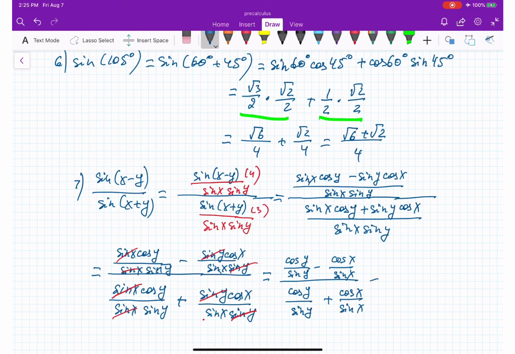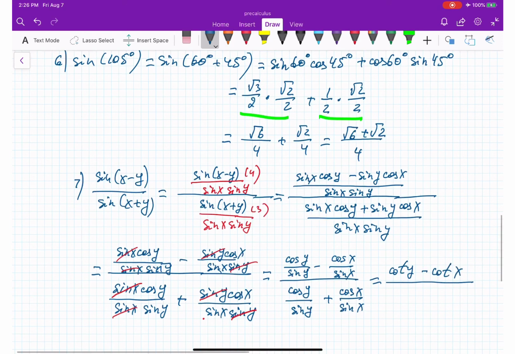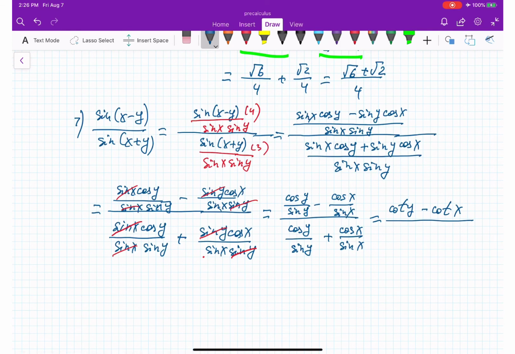So from here, cosine y over sine y is going to be cotangent y. Cosine x over sine x is going to be cotangent x. In the denominator, cosine y over sine y, we get cotangent y. Cosine x over sine x, we get cotangent x. And this is what we get: cotangent y minus cotangent x over cotangent y plus cotangent x.